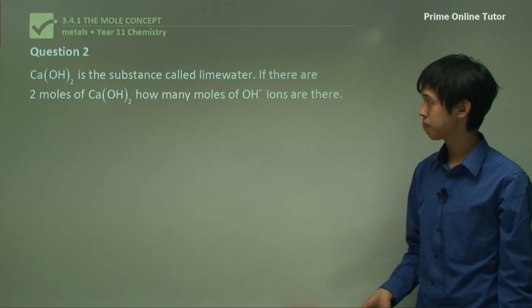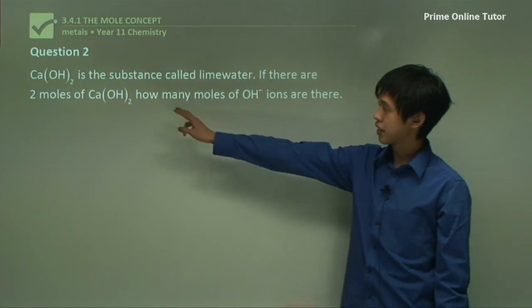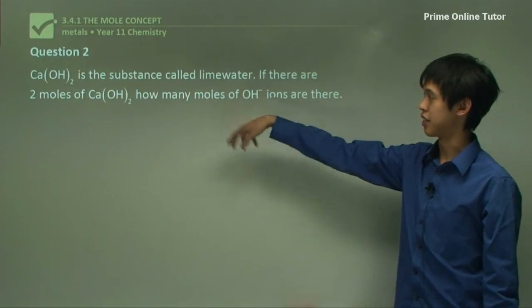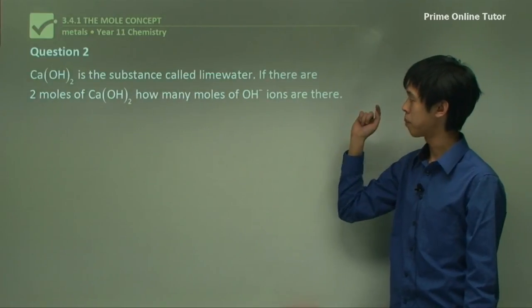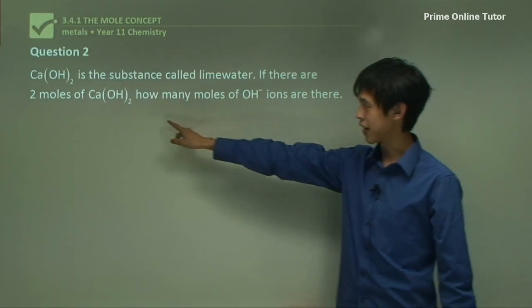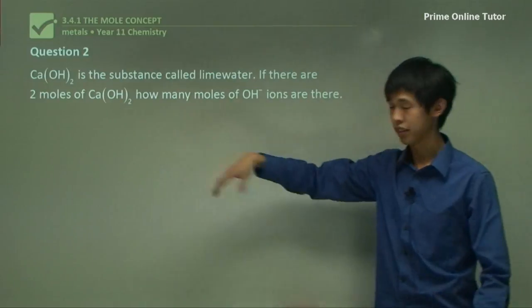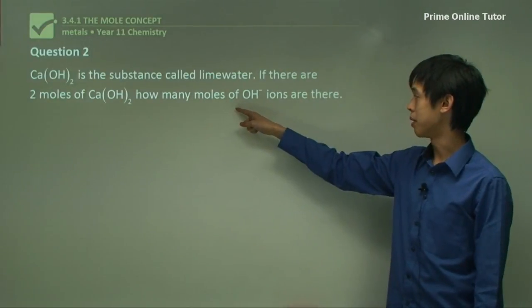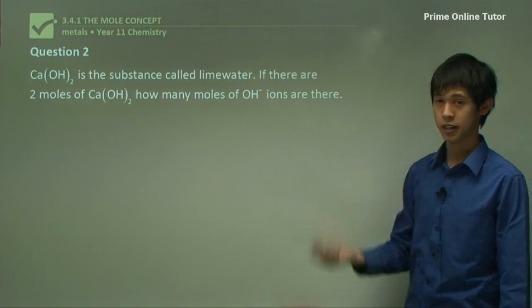So moving on. We have calcium hydroxide, a substance called lime water. If there are 2 moles of calcium hydroxide, 2 moles in total, how many moles of OH minus ions are there? Okay.